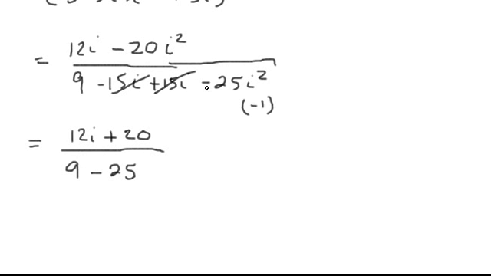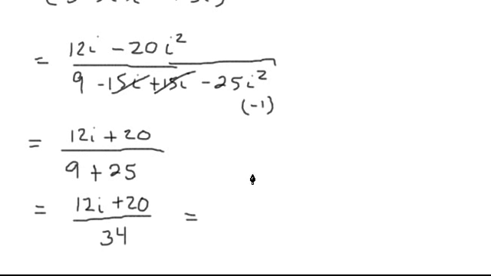And of course we have this -25 here, and the -25 times -1 is a positive 25. So we don't want to make that mistake. And so now we have 12i plus 20 over, and 9 plus 25 is 34.